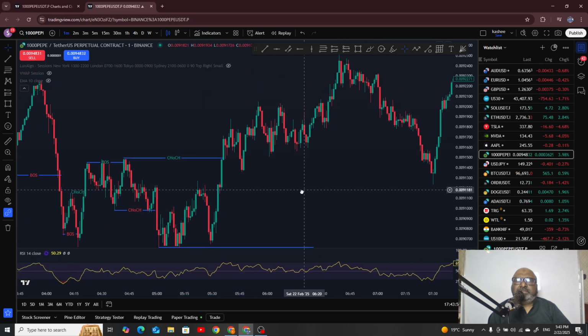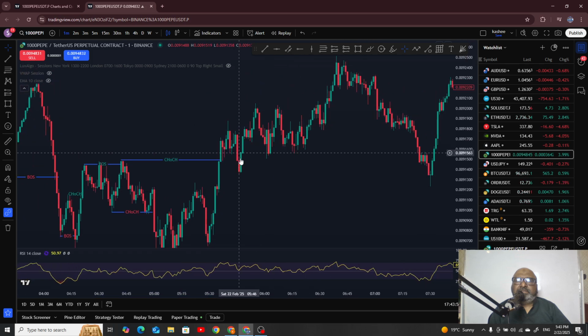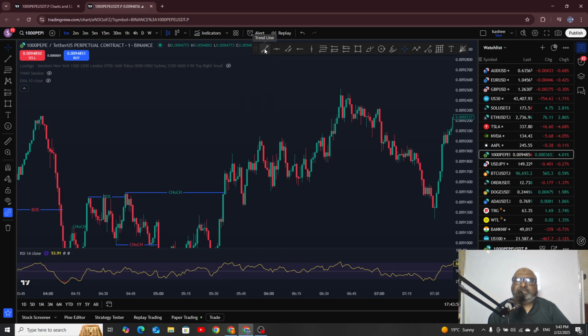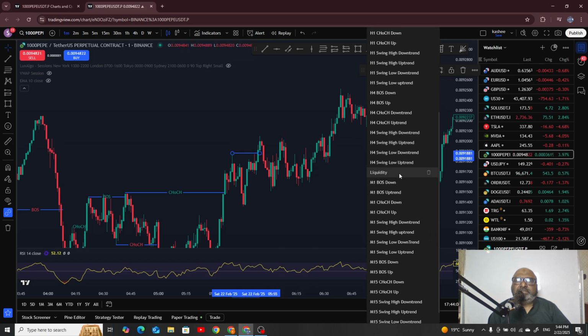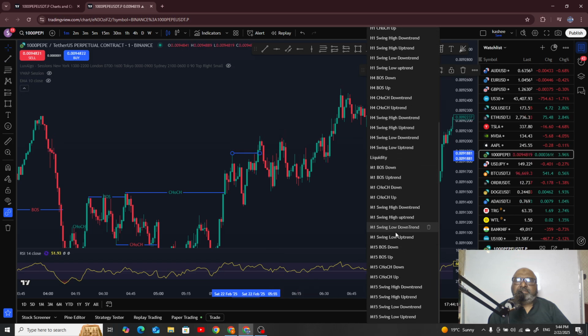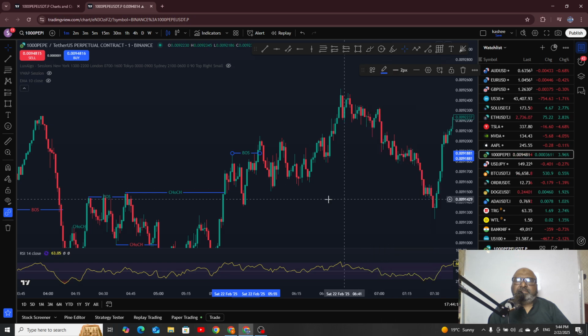Okay, we get 3 candles here. So this is confirmation. This is M1 break of structure for the uptrend.